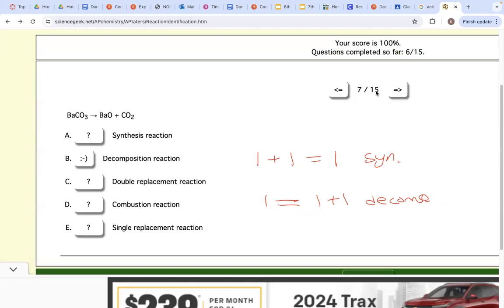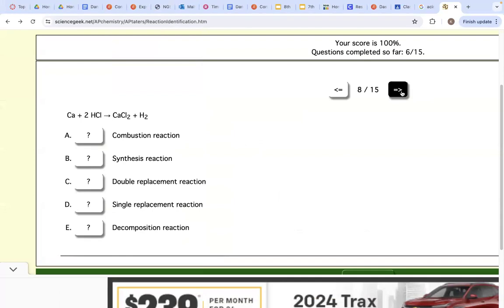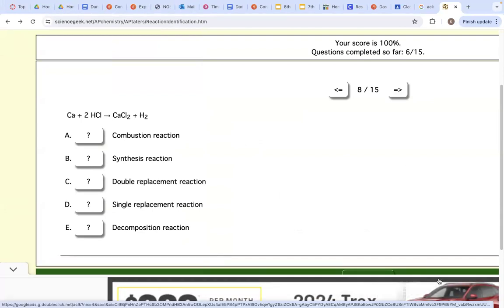All right, how do you feel now? Yeah, I think I'm better. And then single replacement, that would be the same thing and then a new element. Yeah, let's see if I can scroll through and find an example of a single. Here's a single. We have calcium by itself, H is with Cl.